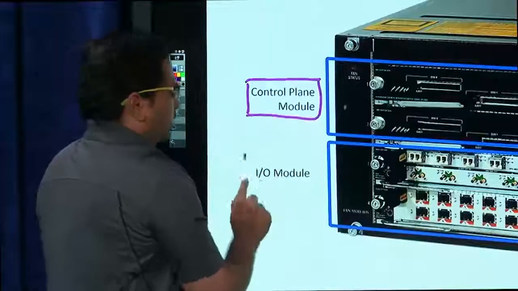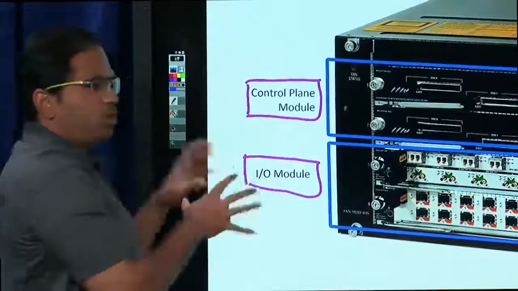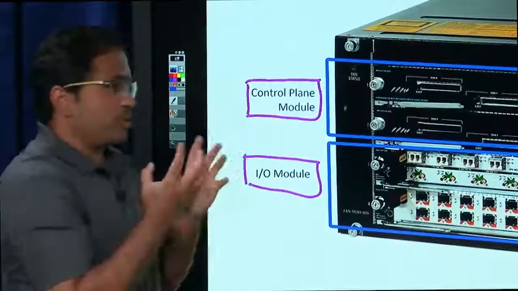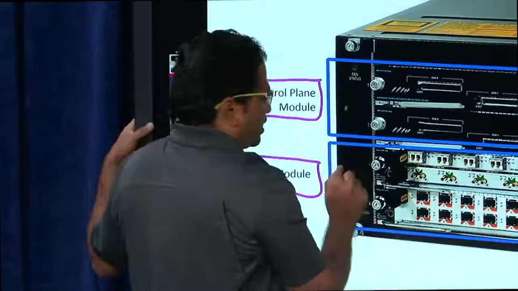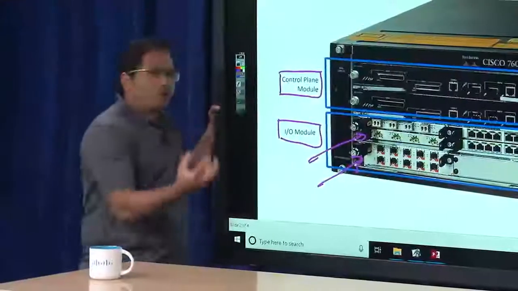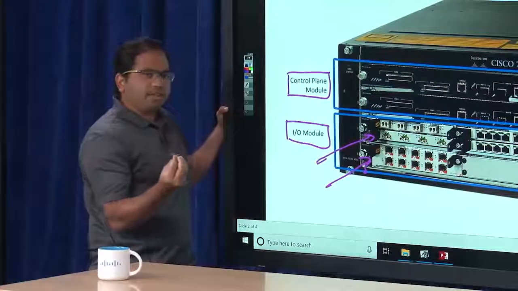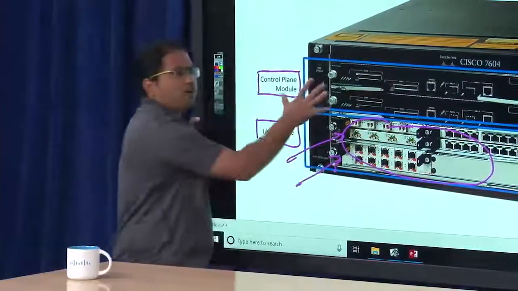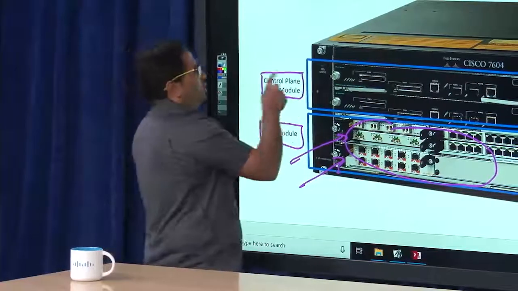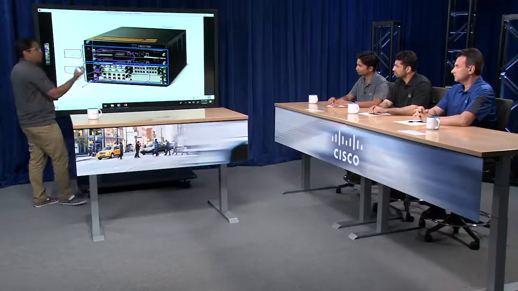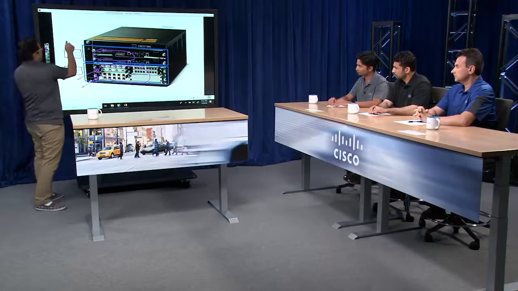Since each of these modules are separate physical modules, there's a network processor that resides on these I/O modules too. So your forwarding performance, your throughput, all these values are a function of the I/O and not actually the CPU. The CPU is just working on the tables. So yes, the convergence times would be a factor.